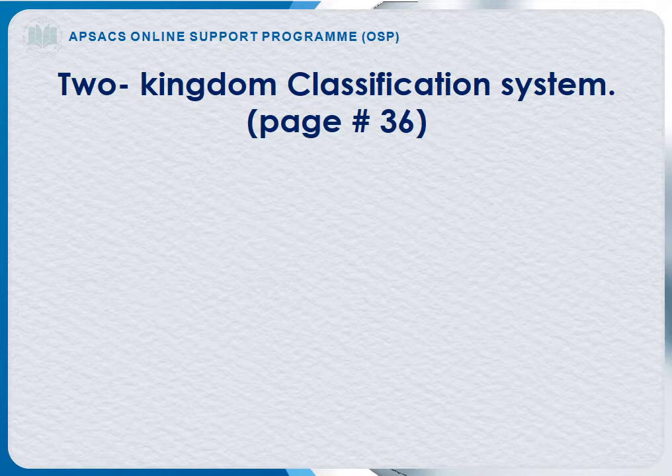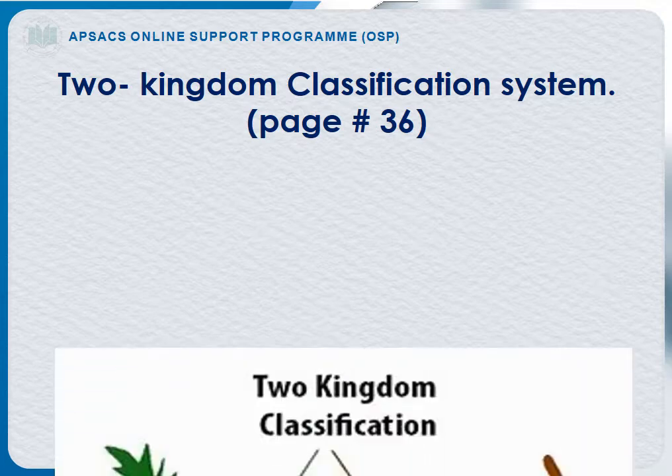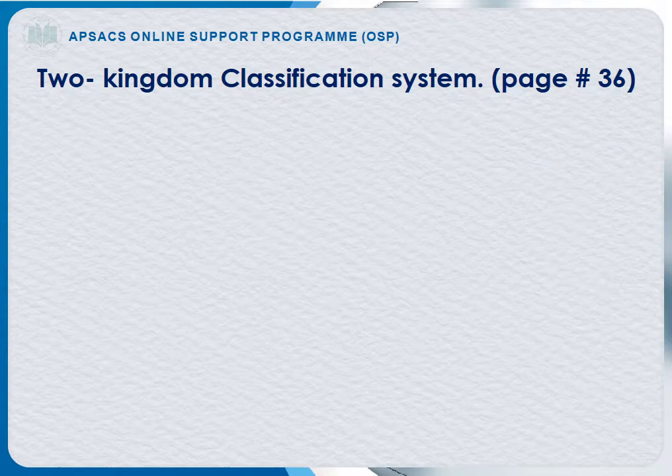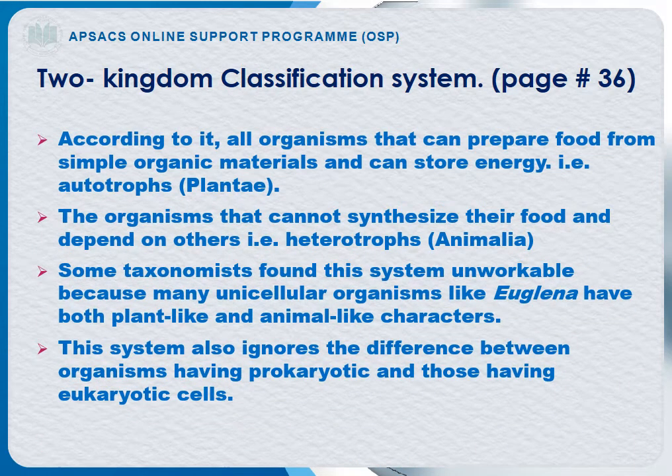It is the oldest system and classifies all organisms into two kingdoms, that is Plantae and Animalia. According to it, all organisms that can prepare food from simple organic materials and can store energy are autotrophs.